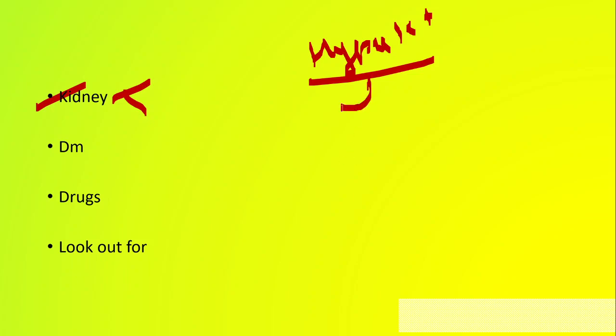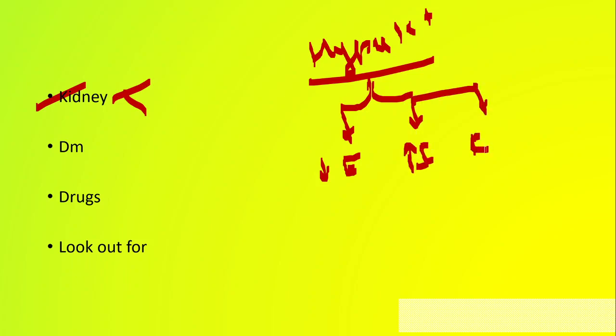As such, hyperkalemia is because of decreased excretion, increased intake, or cellular shift. That is about the etiology of hyperkalemia. But commonly, what are we seeing? Kidney injury, either acute or chronic, diabetes, and any drugs blocking the RAS.